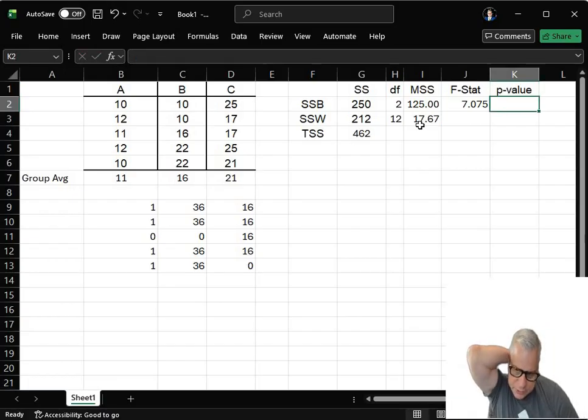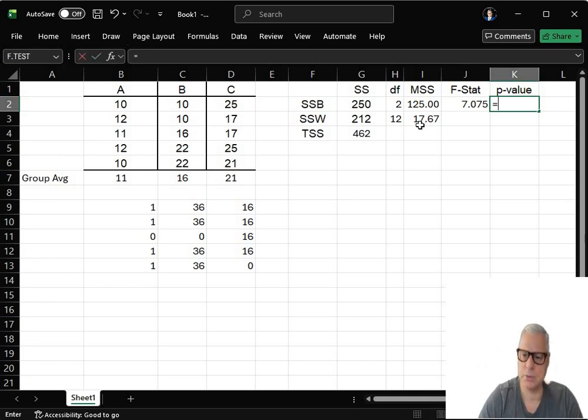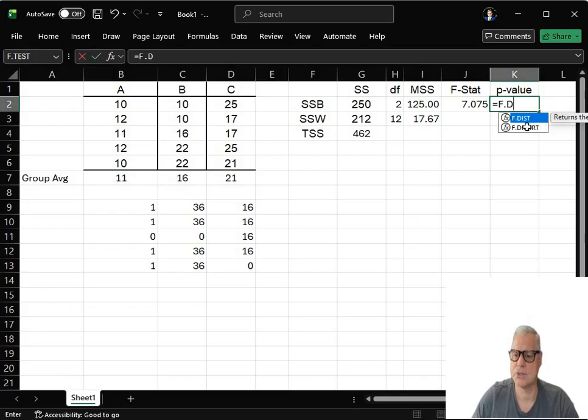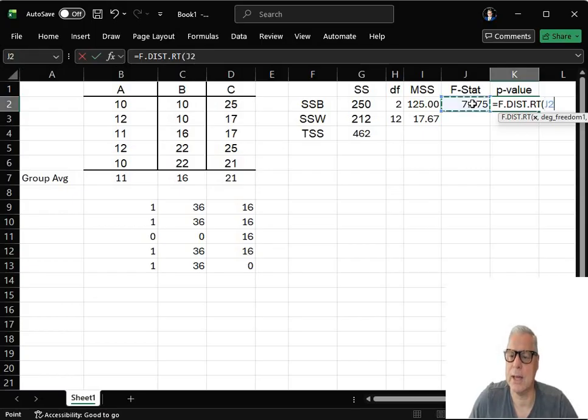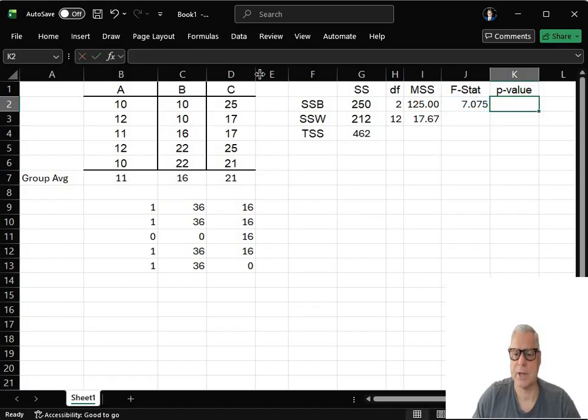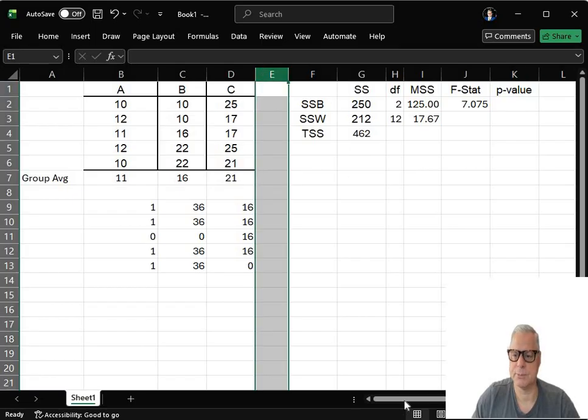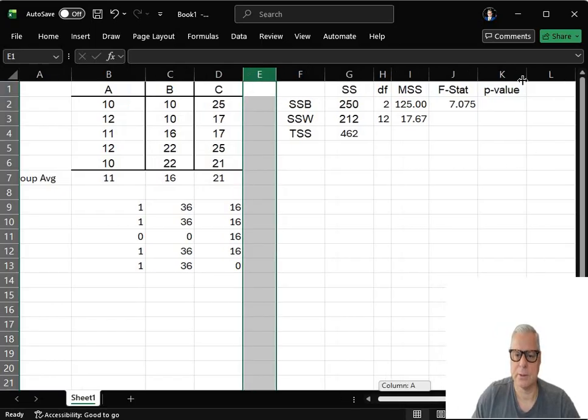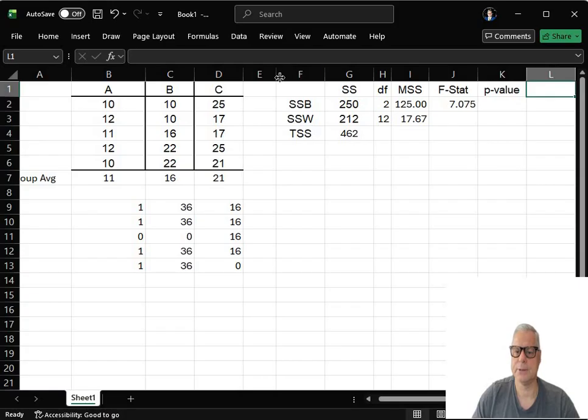And the p-value is equal to, so now we use the command F.DIST.RT, right-tailed, and Excel wants to know the x and then the degrees of freedom. Actually you can't see the formula, so let me put that a little bit to the right.